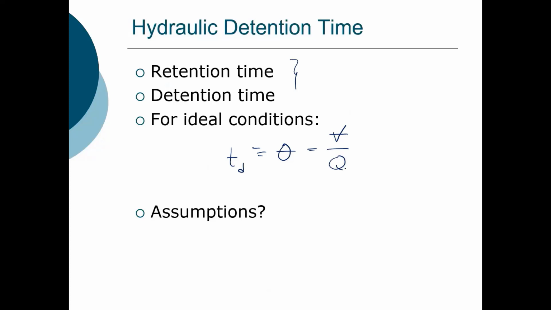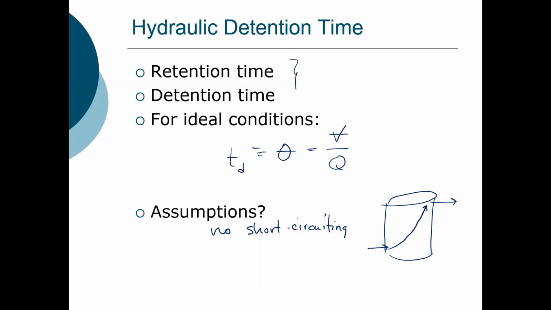So we're going to make some assumptions in here. Basically, we're assuming we have a perfect reactor. So if this is our reactor here, we have flow in, we have flow out. We don't have, for instance, flow moving just in this direction. What we want is a circulation pattern like this so that the flow is actually throughout the entire reactor.